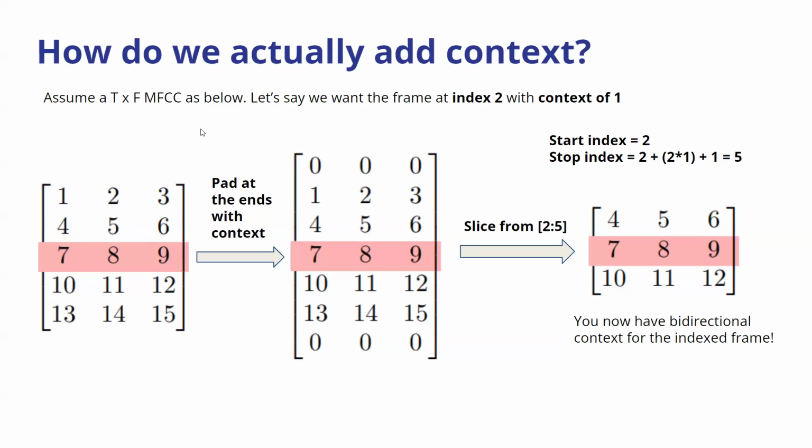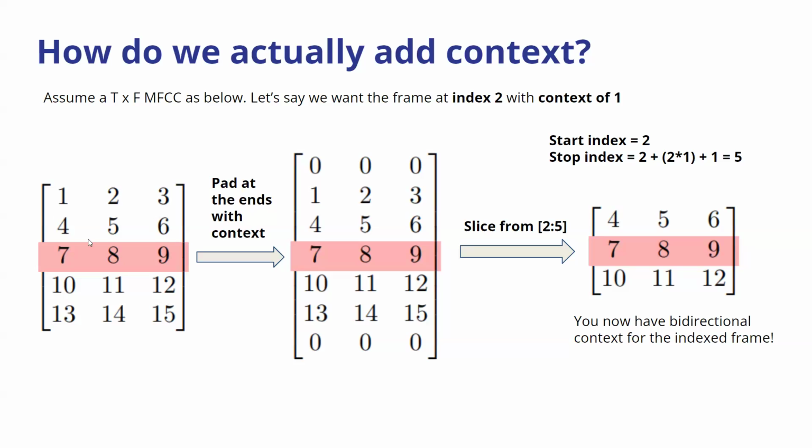In your get item method, there was one thing being passed there, which is the index. Let's say in this case we want the frame at index 2, and we want to add bidirectional context of 1. This is the frame that we care about, but we also want to get this too. This is probably one of the cleanest ways to do it, and to guarantee that you will always have some context.